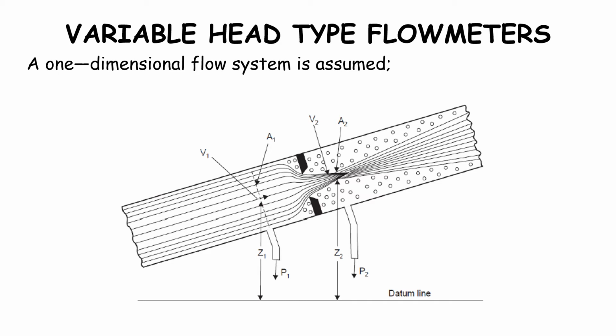This black part is the restriction put inside the pipe where your fluid flows. The values placed before the restriction are upstream, and the others are downstream. V1 represents the velocity in section 1, A1 is the area, P1 is the pressure. Similarly for the second section.